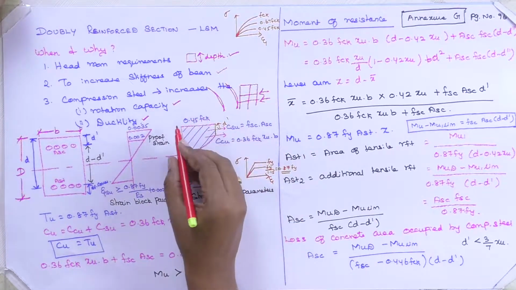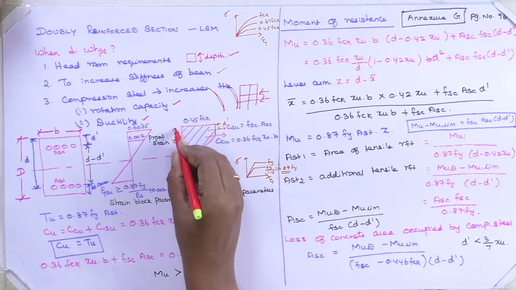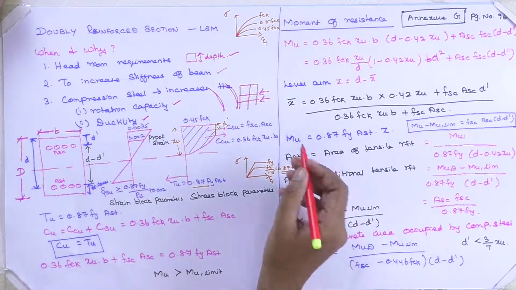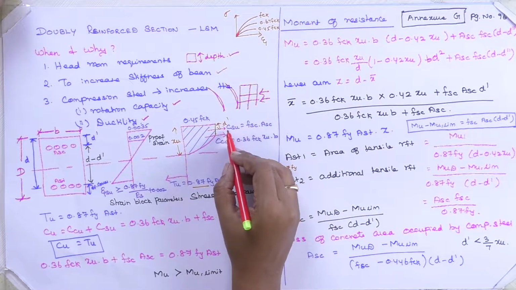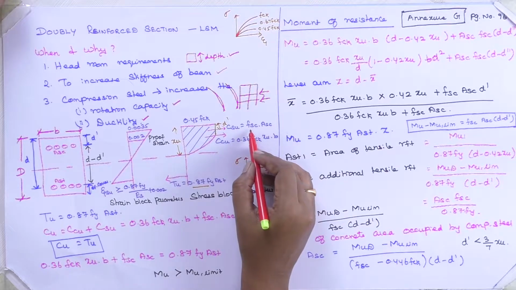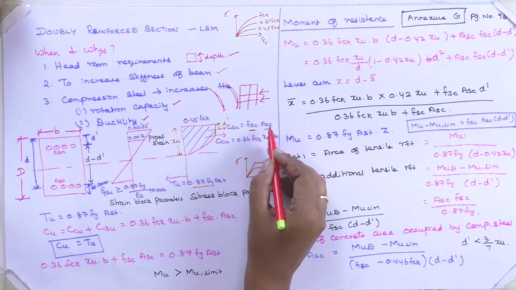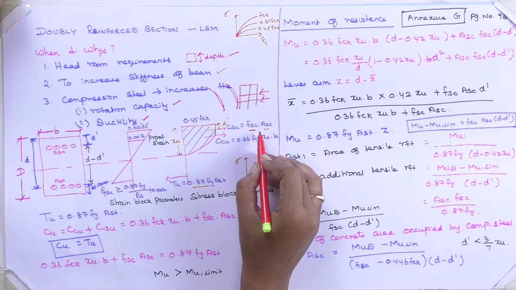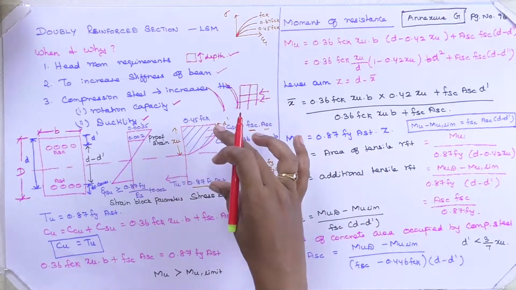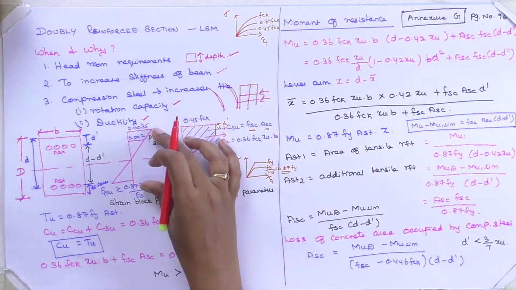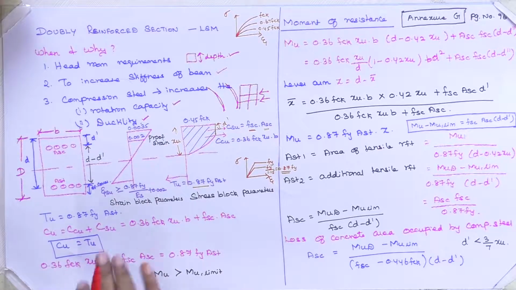This is my XU, this is my B. Then CSU, that is the force due to compression steel, is FSC, that is the stress in my compression steel, into area of steel, that is FSC into ASC, right? These are the stress block and strain block parameters for my doubly reinforced section.